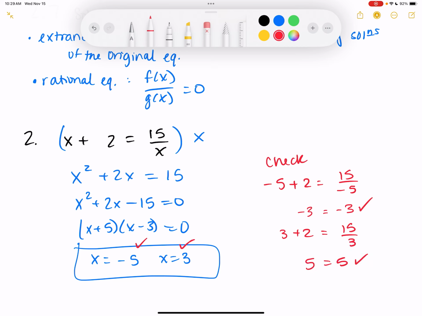So we're also good to go with that one. Now, a lot of times one will work and not the other, but we always have to check them to see what happens.